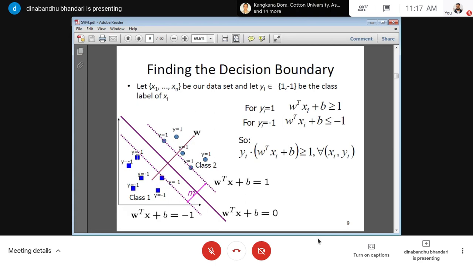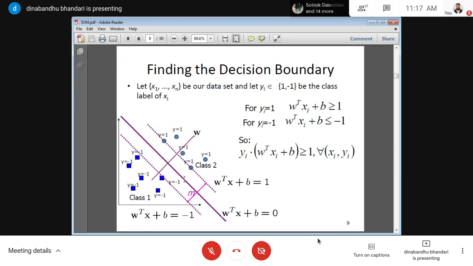So there are these points for which the labels are -1, and for these points labels are +1. So if I draw a line somewhere like this, which is W transpose X plus B equal to 0, then we can write the label Y equal to sign of W transpose X plus B. You know that, right?